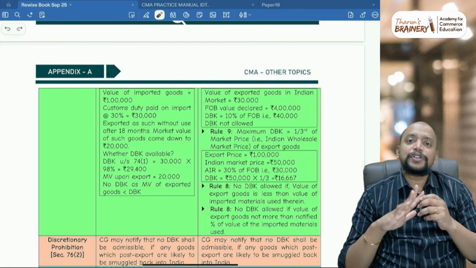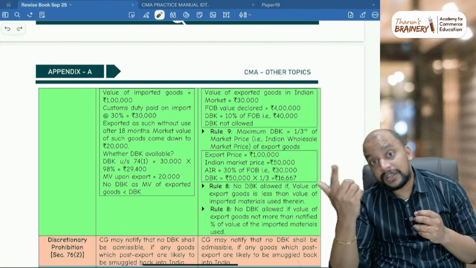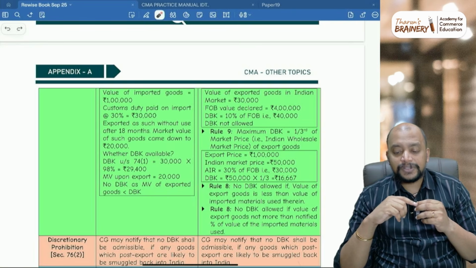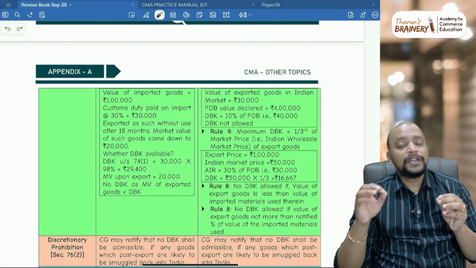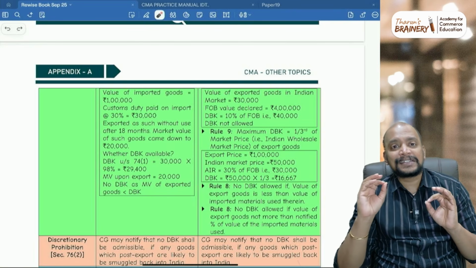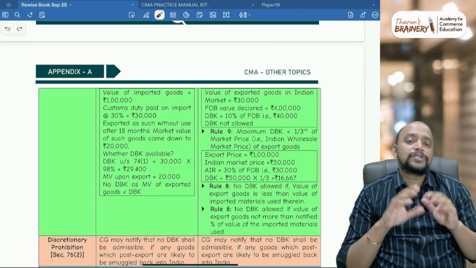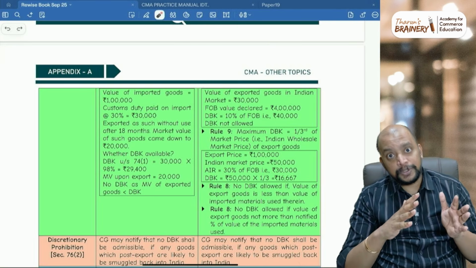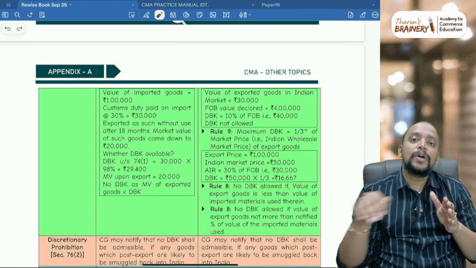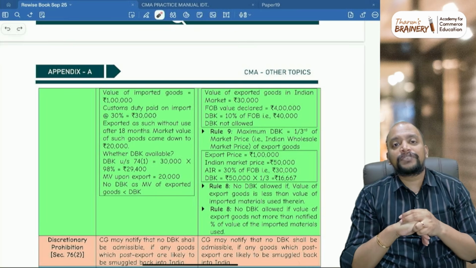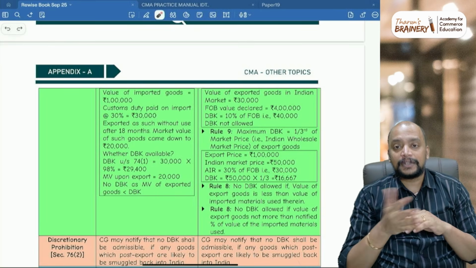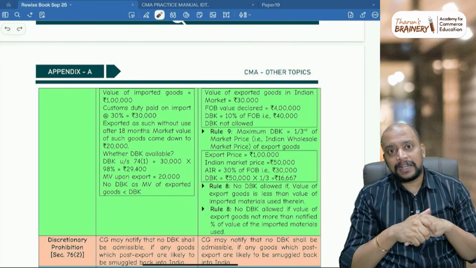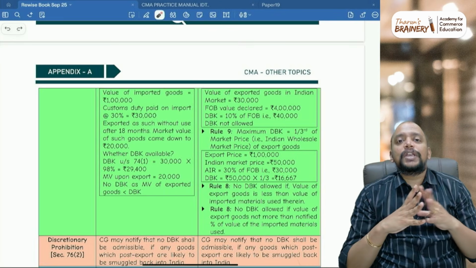But maximum duty drawback will be 1/3 of 50,000. What is 1/3 of 50,000? 16,667. So you will get only 16,667 as duty drawback. So whatever duty drawback that is computed, but it is restricted to 1/3 of the market value of that exported goods.